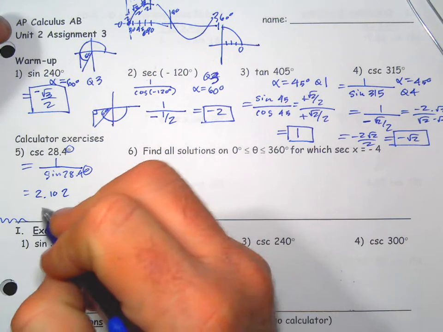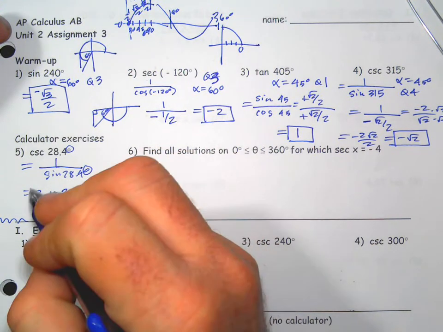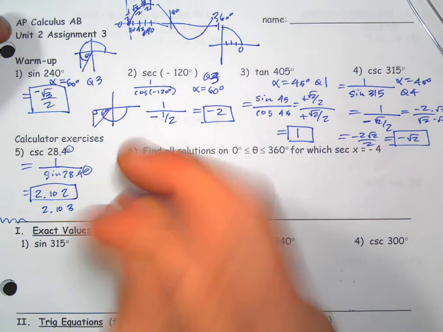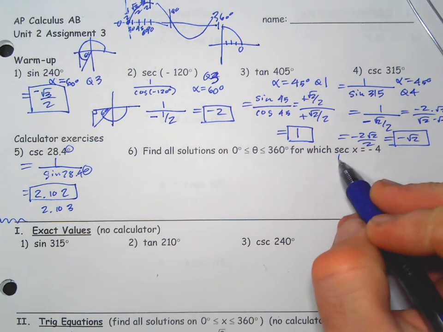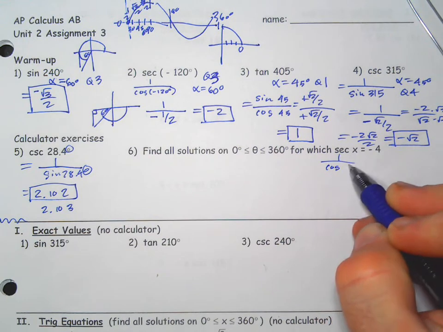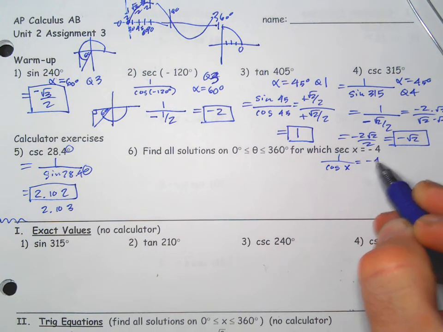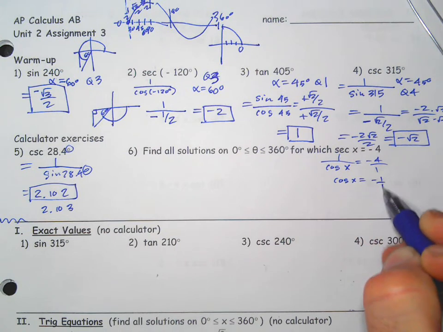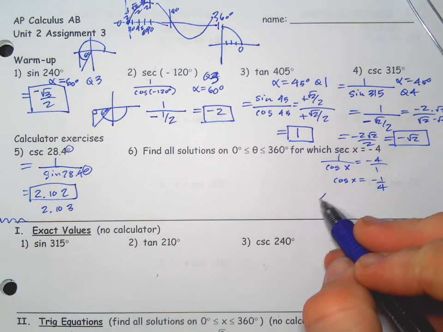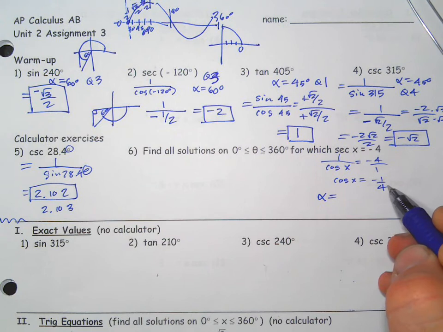2.102 or 2.103, rounded or truncated. These don't have degrees on them. They're not angles. They're answers. This one we're solving. Secant is 1 over cosine, so I'm going to change it to a cosine problem. Now, that's not one of the memorized values, so I have to use my calculator.